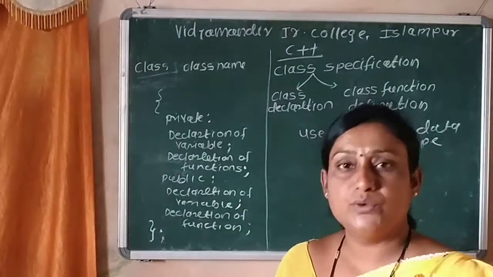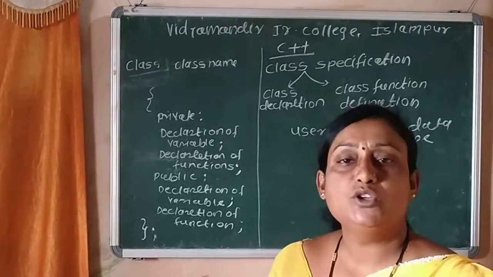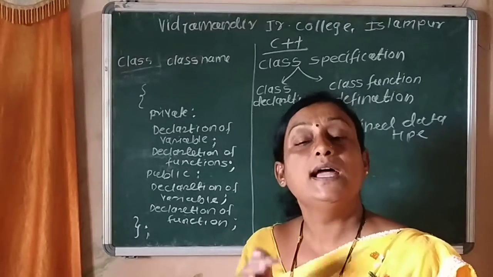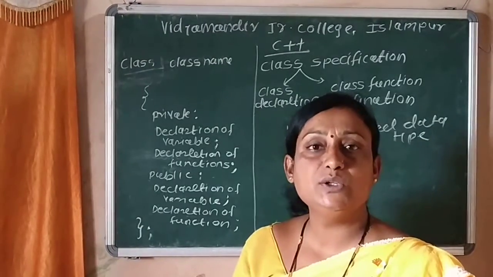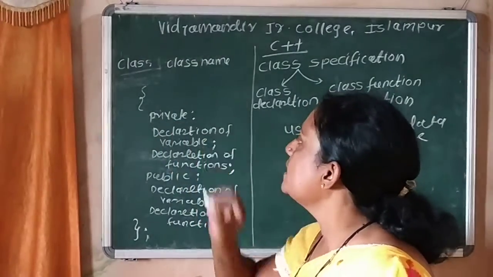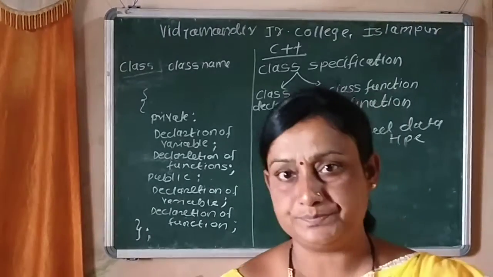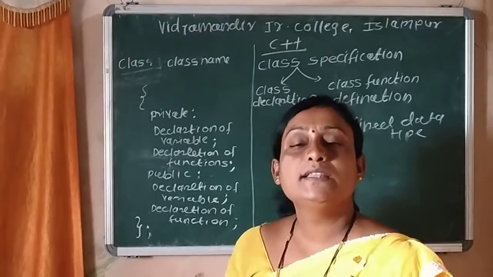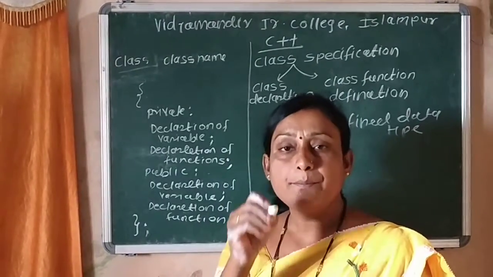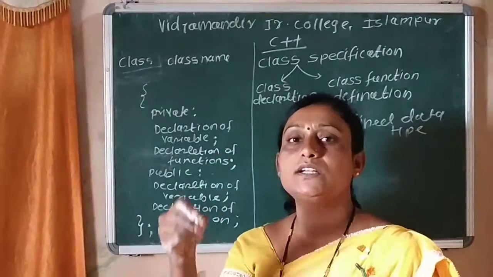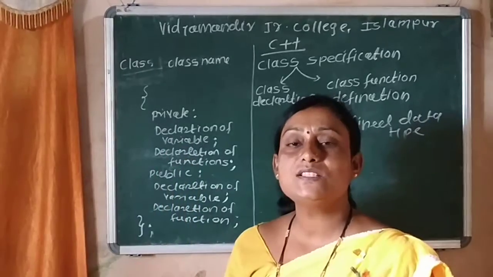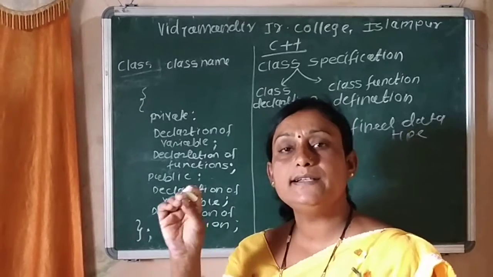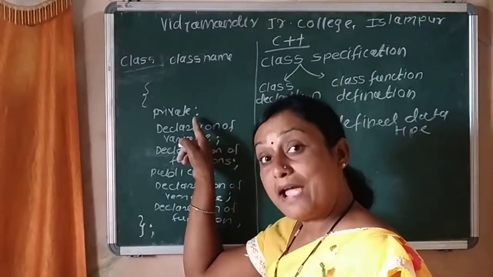If a program does not declare the private or the public section, the computer automatically uses the default section, that is the private section. In March 2014, this question was asked: the default section of variable as well as function declaration in a class is dash dash, that is private.